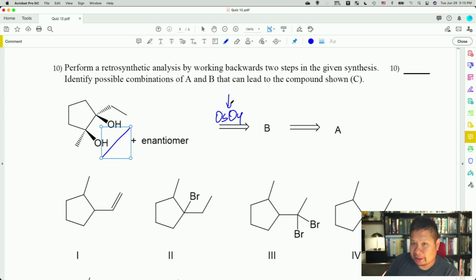And what we use with osmium tetroxide to get syn addition is an alkene, right? So structure B will be this, right? It's going to be that alkene, and then there won't be any more stereochemistry because these are all sp2 now, okay? And then the question then is, how do we get that alkene to begin with? Well, we can easily get that alkene by eliminating a halogen, right?